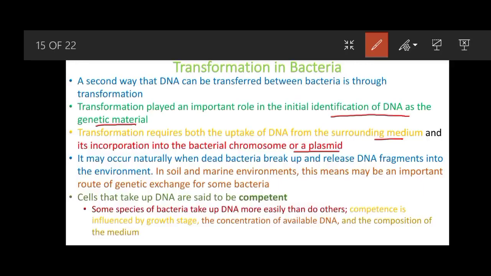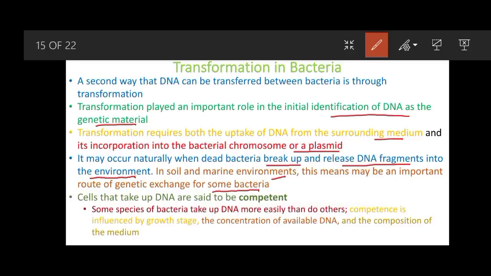It may occur naturally when dead bacteria break up and release DNA fragments into the environment, and in soil and marine environments this may be an important route of genetic exchange for some bacteria.